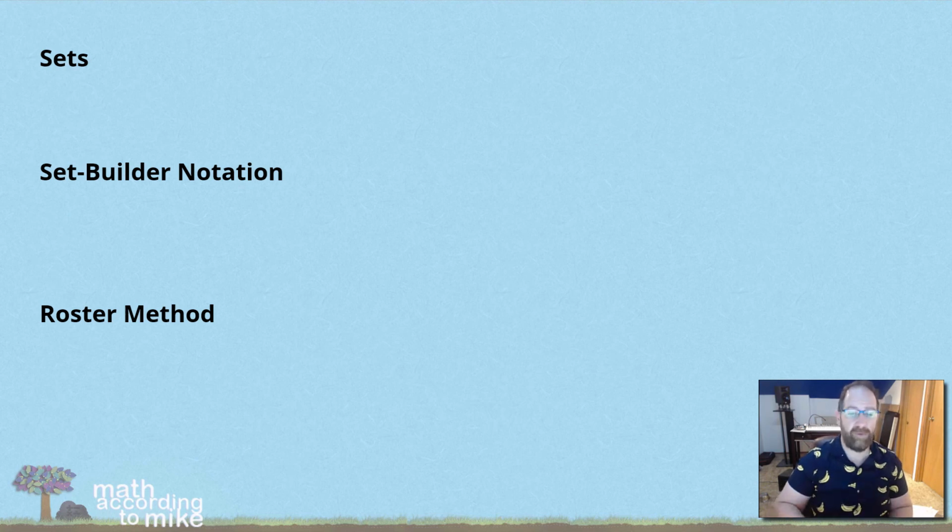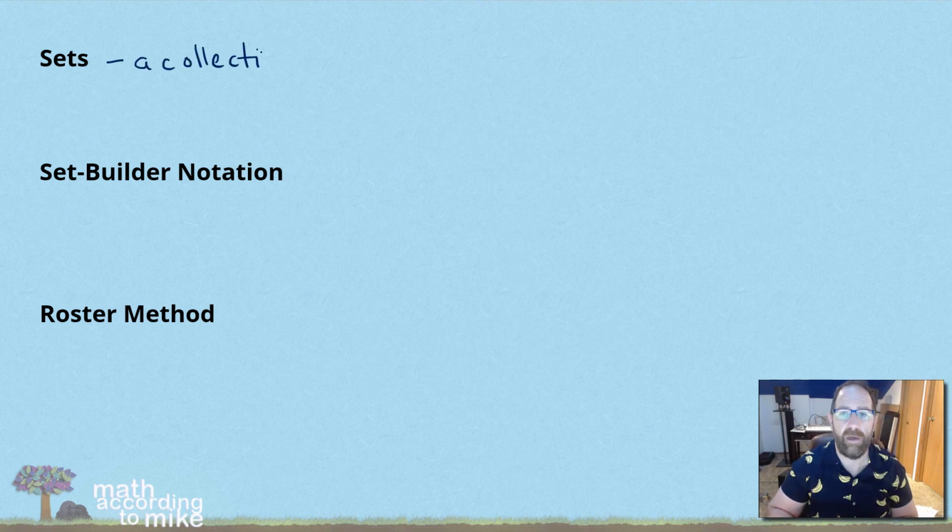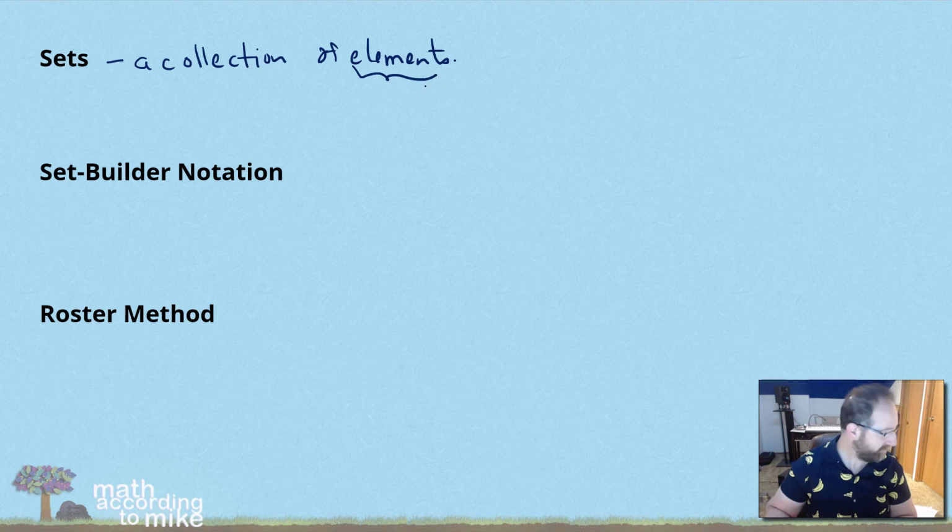We start off with the most important definition, and that is the idea of what a set is. I'm going to attempt to write this neatly. A set is a collection of elements. And we call those elements, oh my gosh, I already messed up.